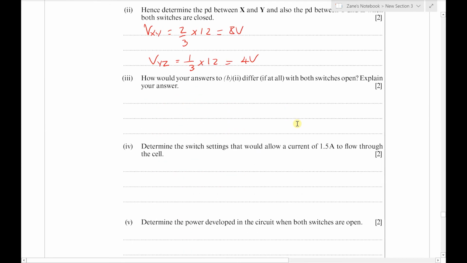So because the ratio of the resistances doesn't change, the ratio of the potential differences doesn't change either. So we'll simply say here that the PDs won't change, since the ratio of resistances is unchanged.